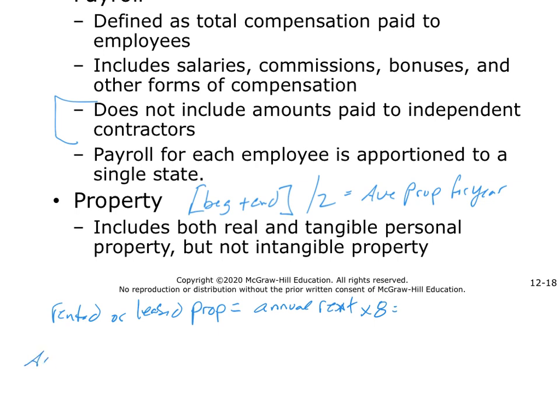So your average property factor is going to equal all of your owned property plus 8 times whatever your annual rent amount is for any rented or leased property.